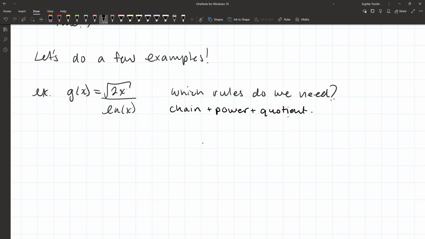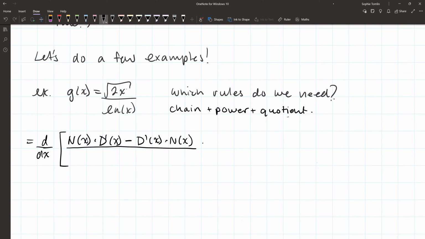So remember that we can think of the quotient rule as d dx of n of x over d of x, which is the derivative of the numerator times the denominator... or rather the numerator times the derivative of the denominator, minus the derivative of the denominator times the numerator, all over the denominator squared.